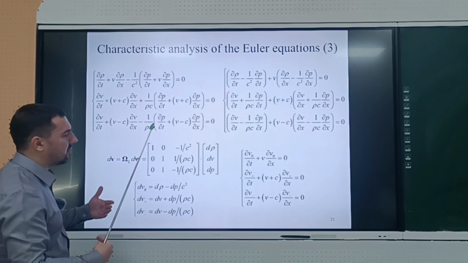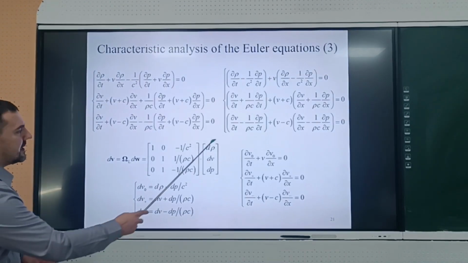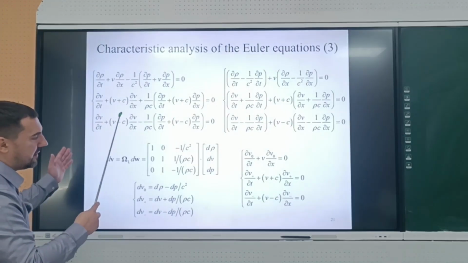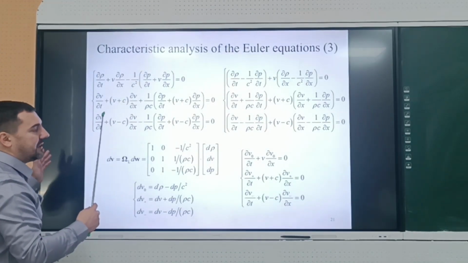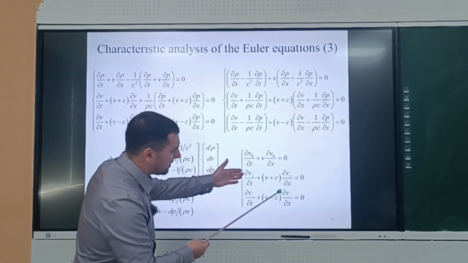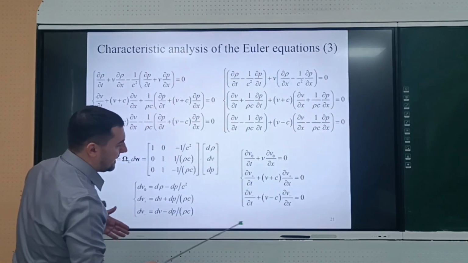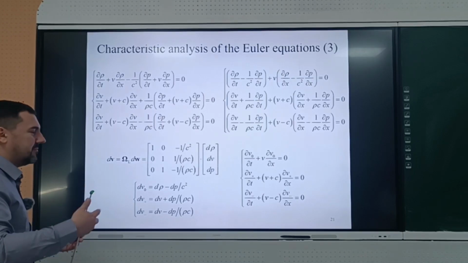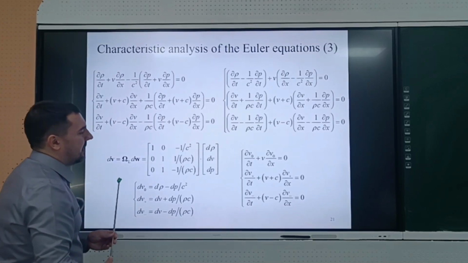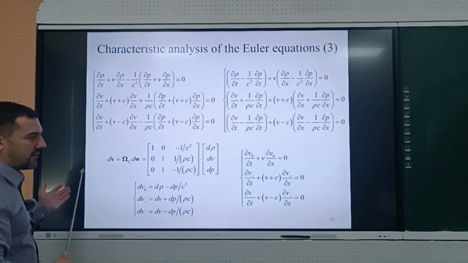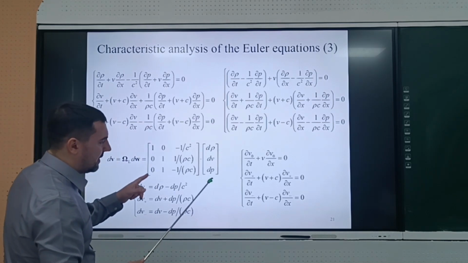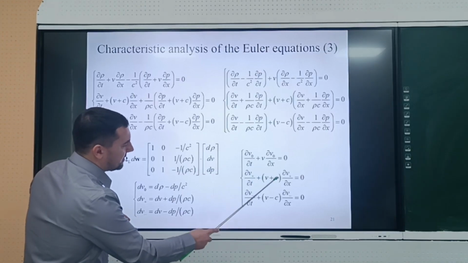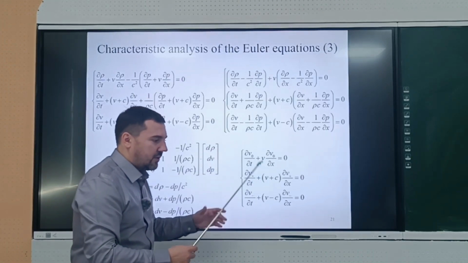So if we introduce V0, V plus, and V minus in such a way, then the compatibility conditions along characteristics will look like this. These conditions are similar to the system in Riemann invariants for the linear case. But again, that's not the case here, because V and C are not constants, so all these equations are not independent.